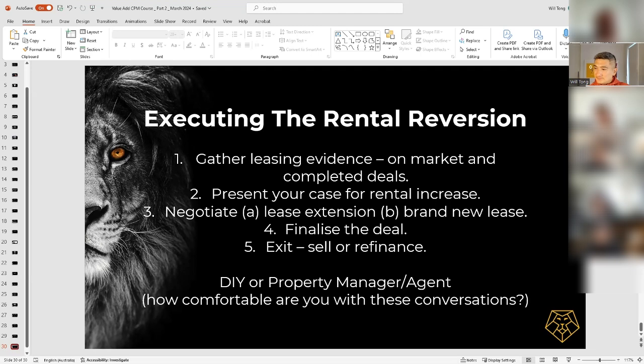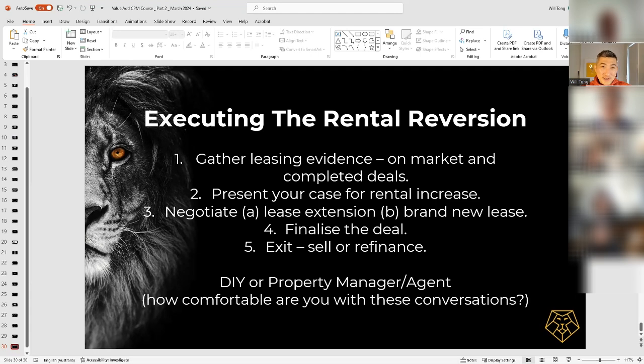Assuming you finalize the deal, then you can talk about an exit. Do you want to sell the property, or do you want to refinance the property and go again with another property? And the final point is you can either DIY, do it yourself, or you can appoint your property manager or leasing agent to do that. It really comes down to how comfortable you are with having these sorts of conversations.